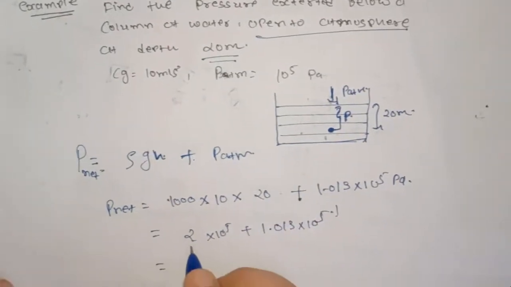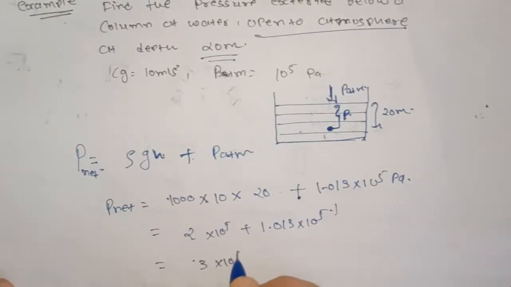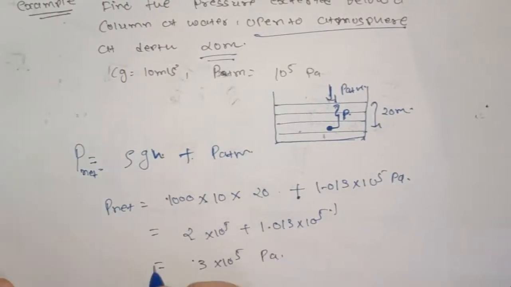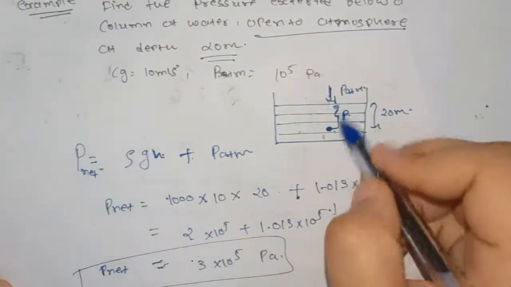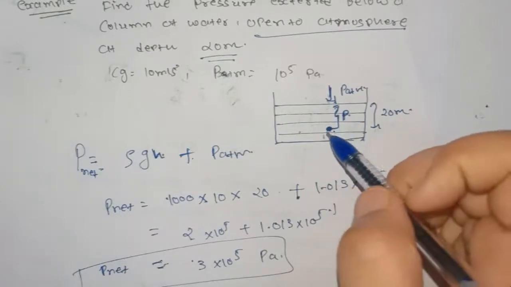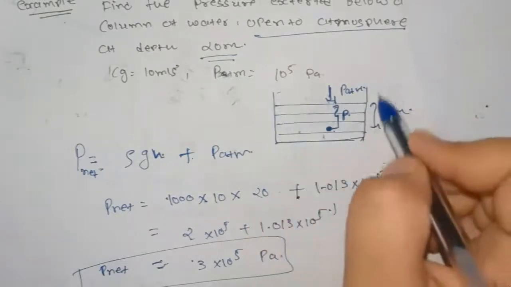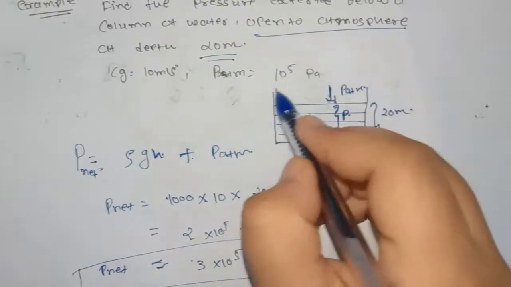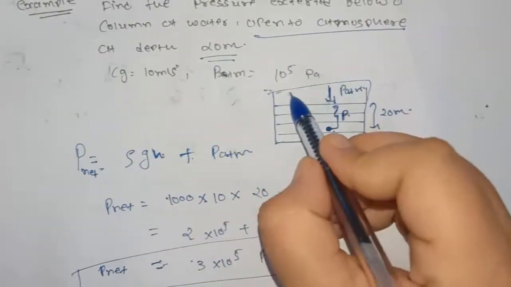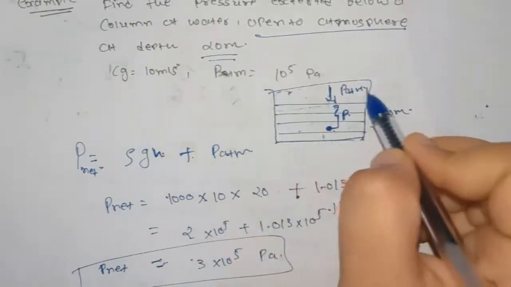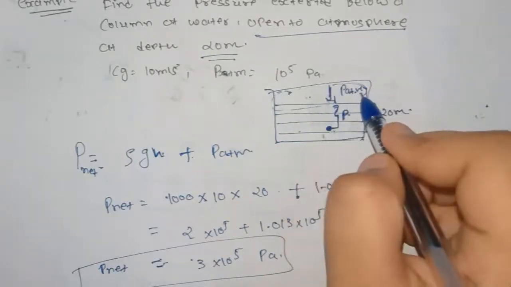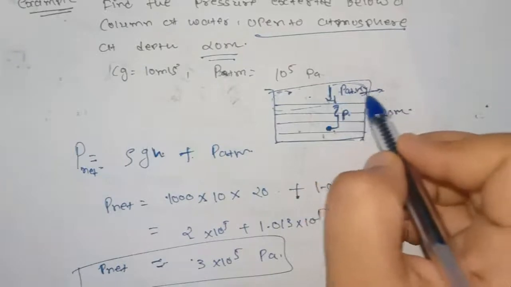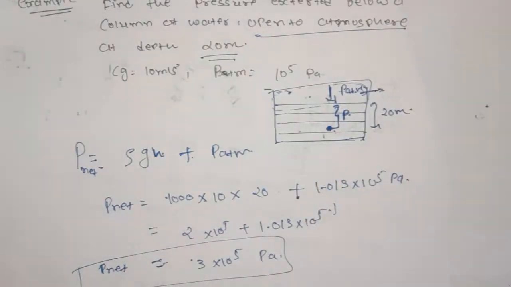So the net pressure will be 3 into 10 power 5 Pascal approximately. So we just have to consider the height of the liquid column above the point of interest. If this container is said to be closed, then we have to consider the pressure of the air column over here, which will be given, or if it is given vacuum in this place, then at this point the pressure will be 0.